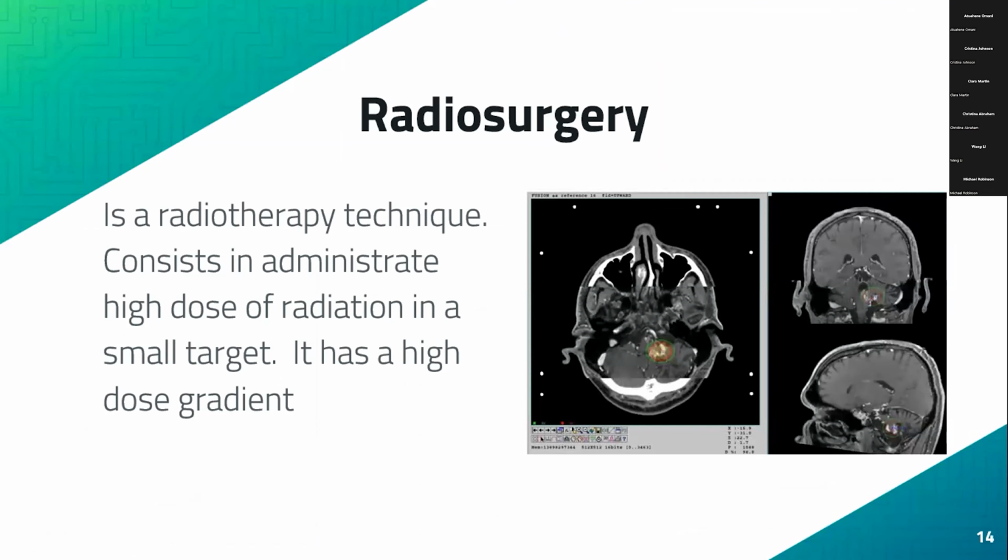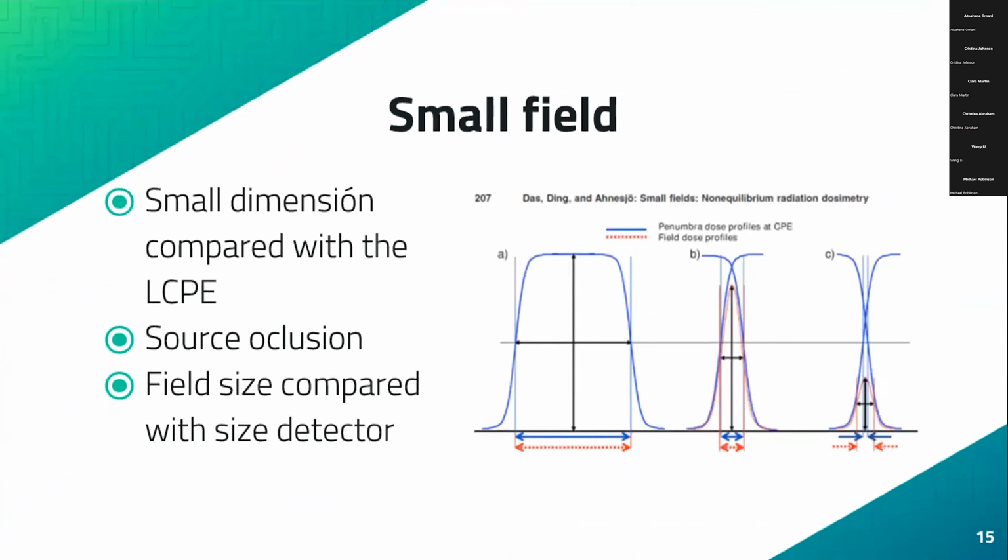Radiosurgery is a radiotherapy technique, and in this technique we apply to the patient a high dose of radiation to a small target in one fraction, and we have a high dose gradient. We have a lesion in this region of the brain. It is small, but it's very close to the brainstem. Then we need to use small fields.